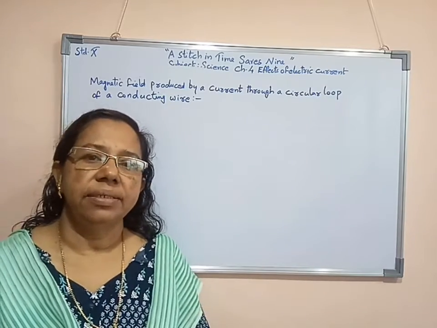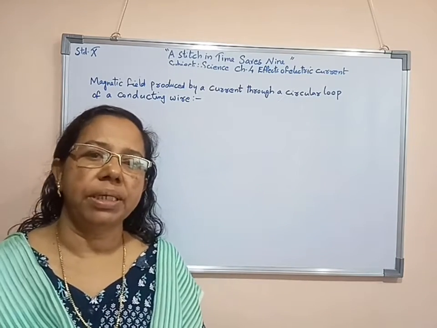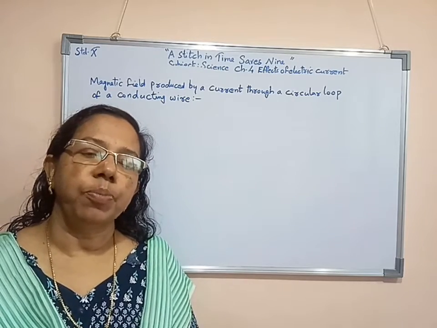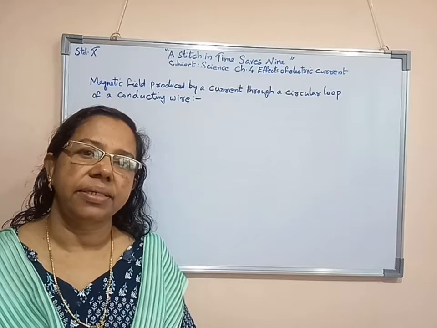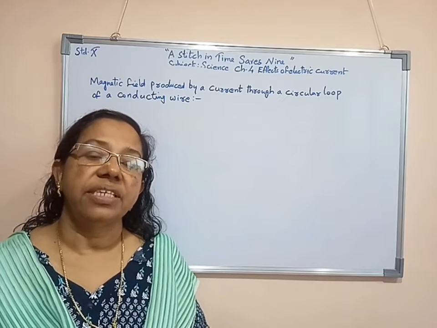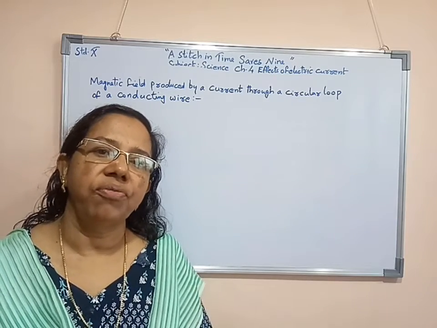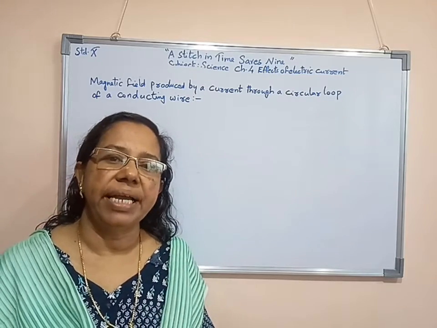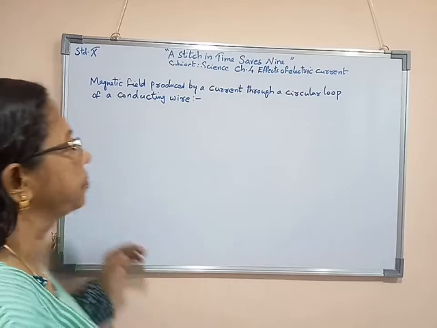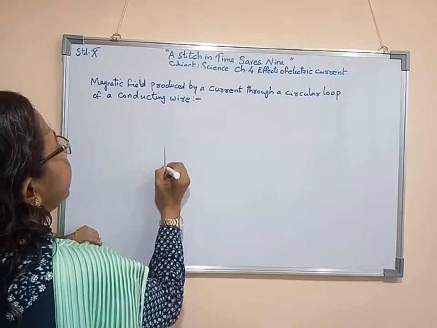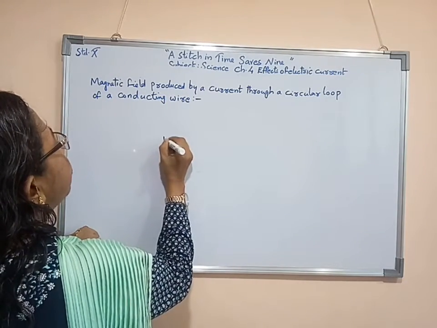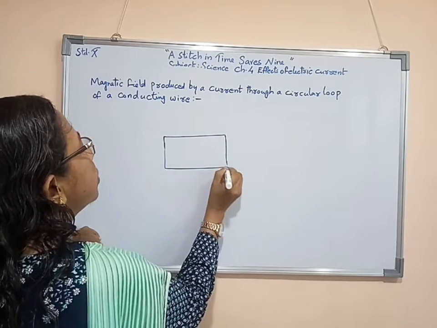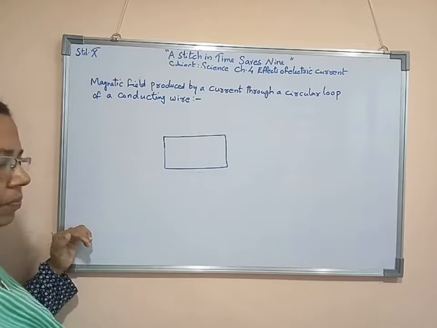Now we will study another topic, that is the magnetic field produced by current through a circular loop of conducting wire. Now with the help of a diagram we will study that. For studying that, we have to take one cardboard piece.